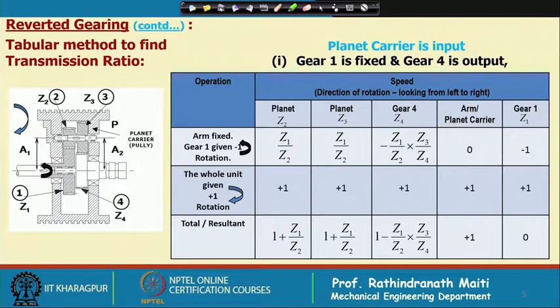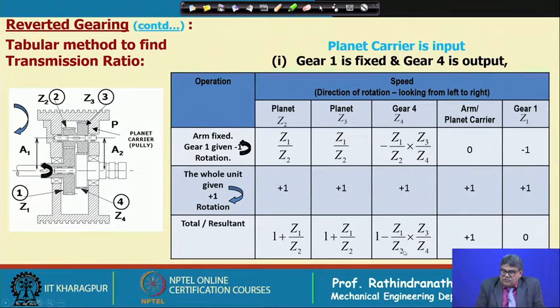So, with this table, remember this value, 1 minus Z1 by Z2 into Z3 by Z4. This is the output, and input is 1 for this pulley rotating.